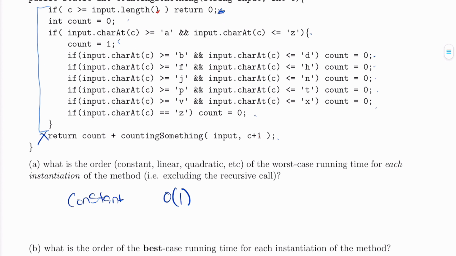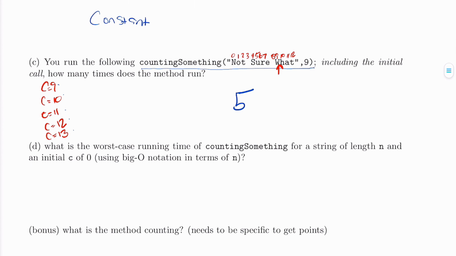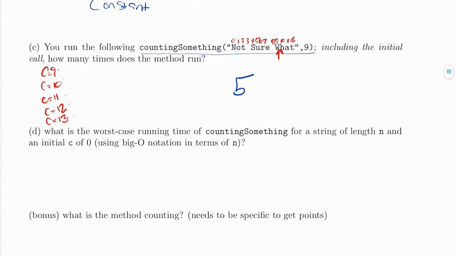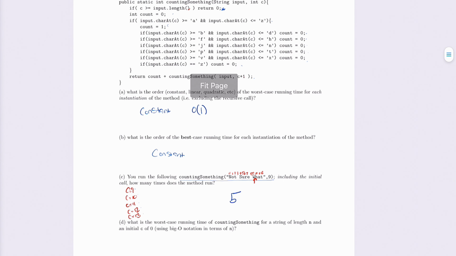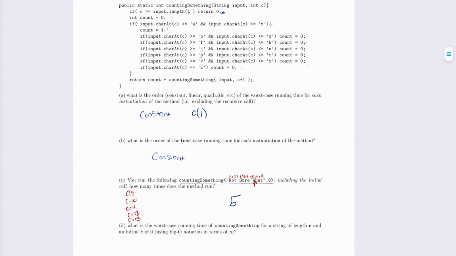So now we've done a little bit here, and the whole point was me trying to get you to start thinking about how to answer the final question. The final question says, what's the worst case running time of this method for a string of length n?